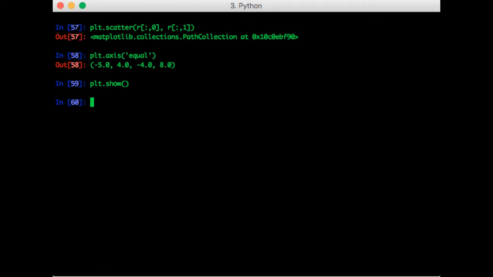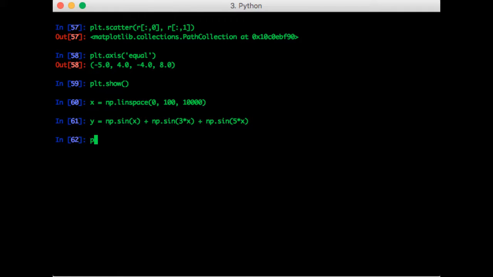As an example, let's create a sine wave with multiple frequencies. Okay, now let's do sine of x, sine of 3 times x, and sine of 5 times x.